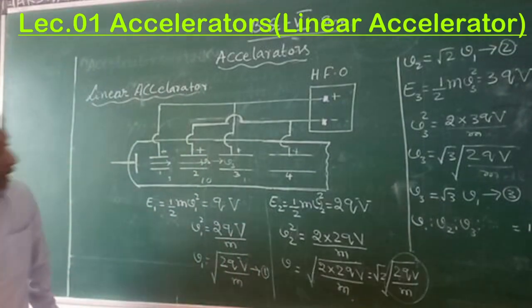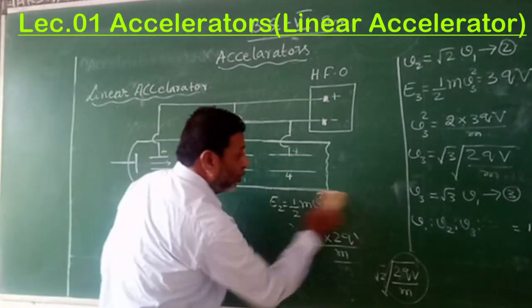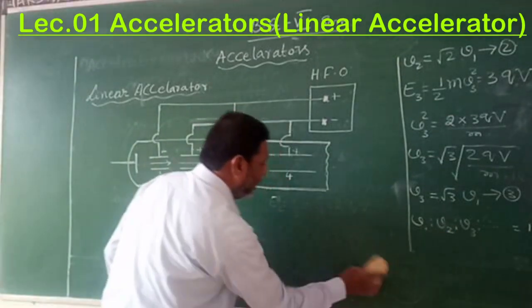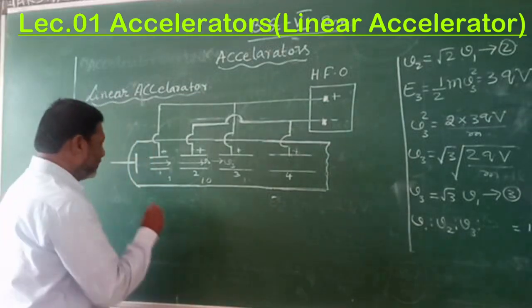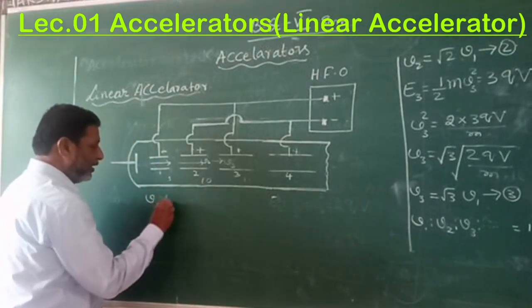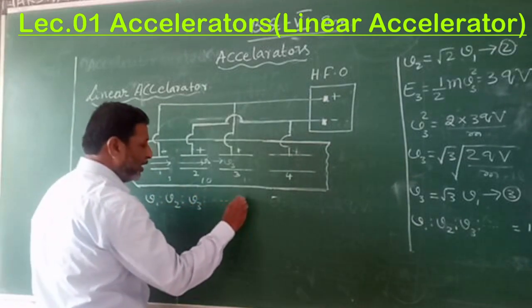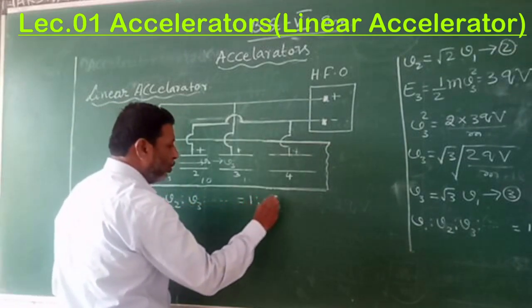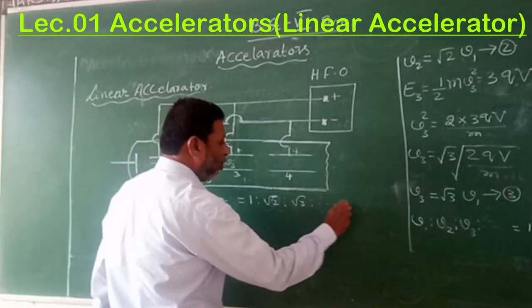For calculation of that, we use this relation. Here we have shown that the velocities V1 is to V2 is to V3 is equal to 1 is to root 2 is to root 3, and so on.